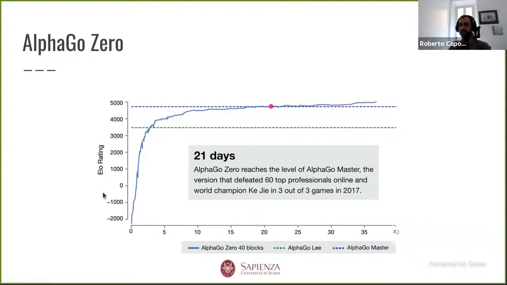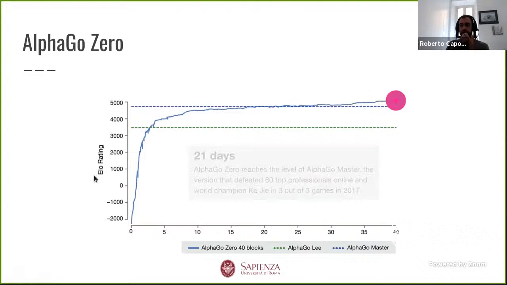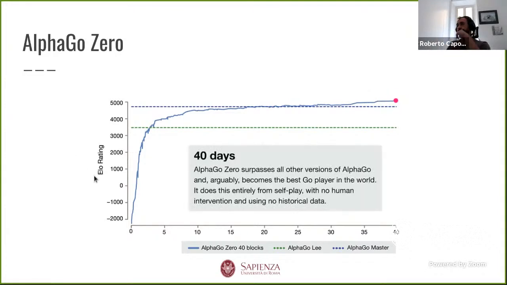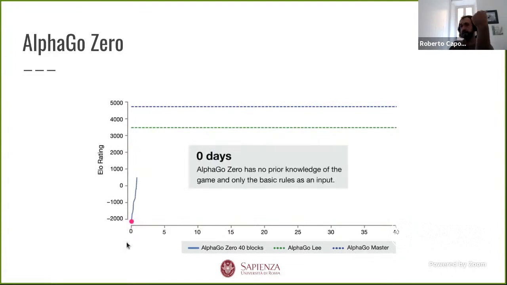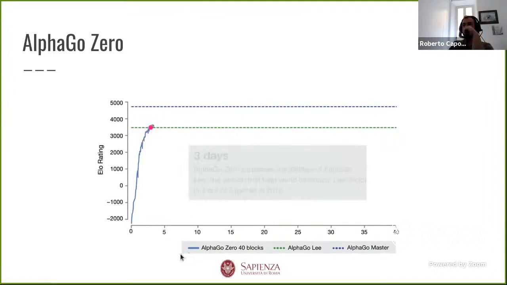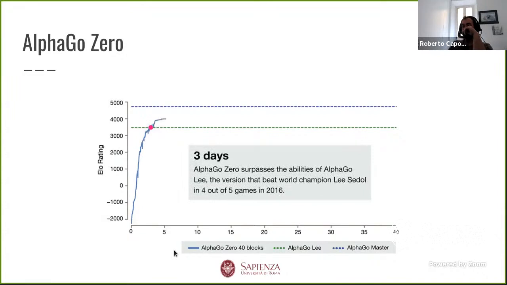So this ELO rating is a score that is used in games. And you see that there is another version that came out after, which is AlphaGo Master. And then another major breakthrough was obtained by using Zero. So what are the main differences between AlphaGo in both these versions and AlphaGo Zero?